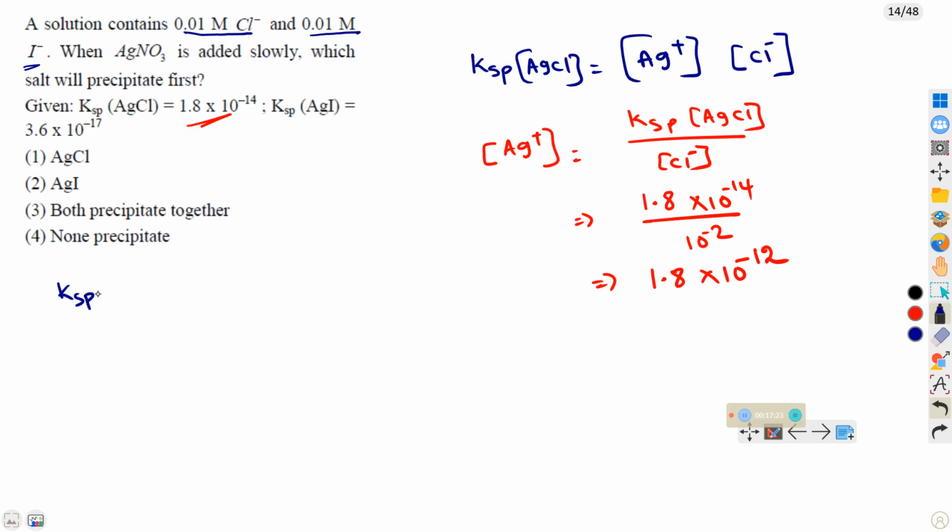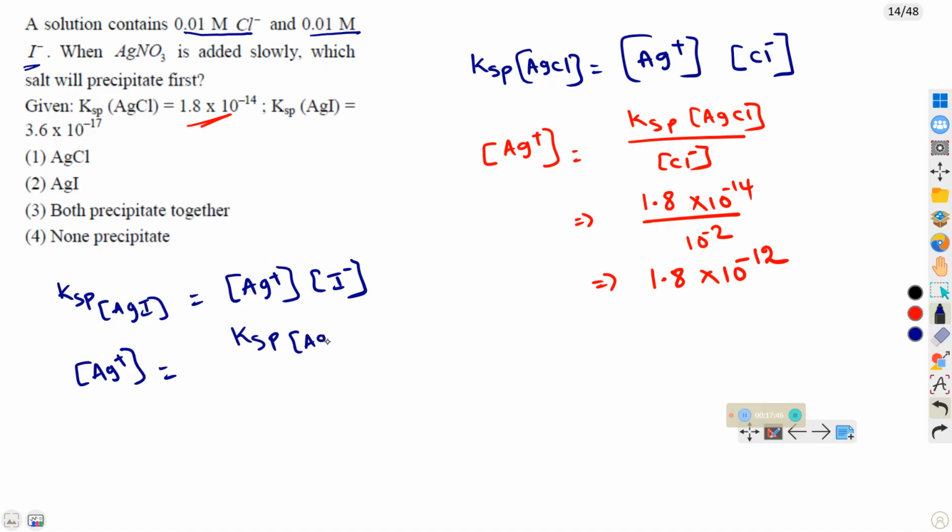Ksp of AgI, not AgNO3. Ksp of AgI is equal to concentration of Ag plus into concentration of I minus. Calculate the concentration of Ag plus in AgI. Ksp of AgI by I minus ion concentration. 3.6 into 10 power minus 17 by 10 power minus 2.